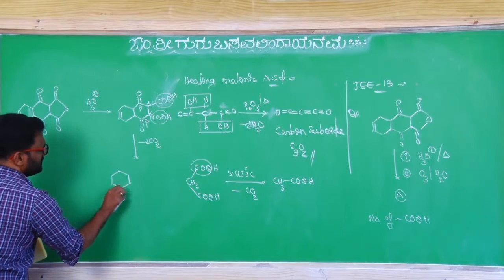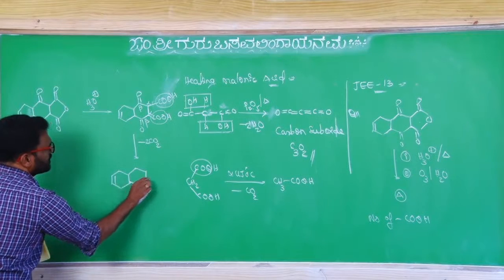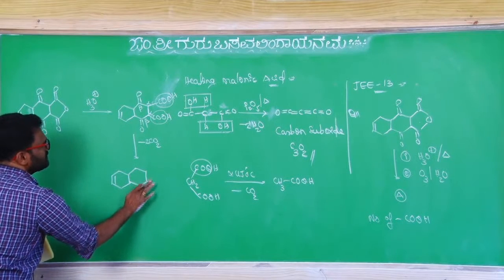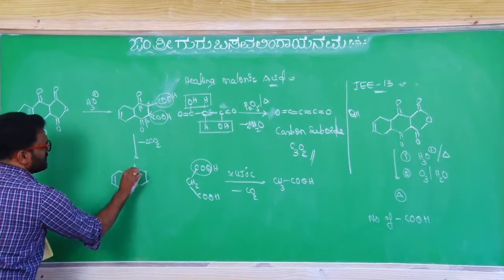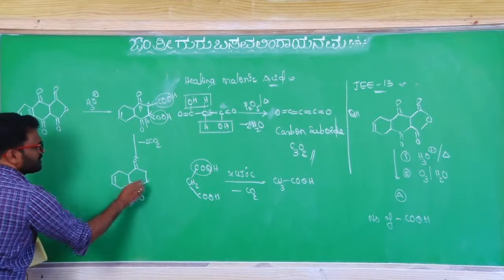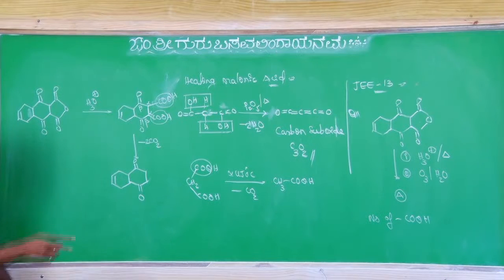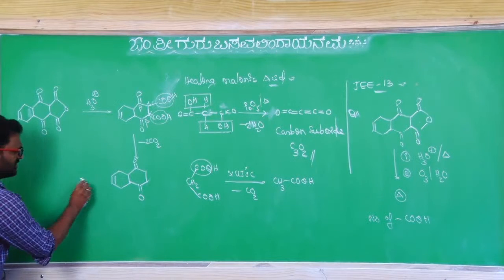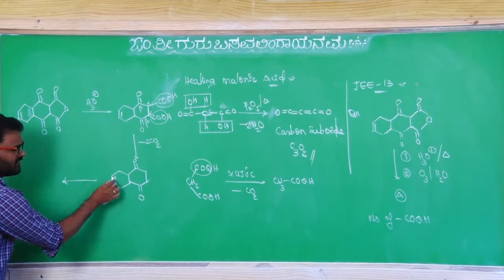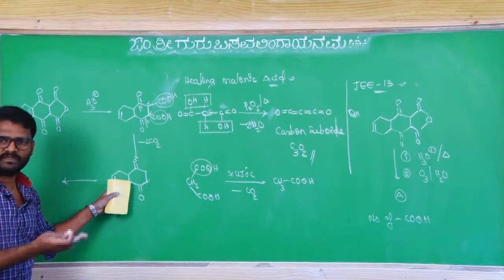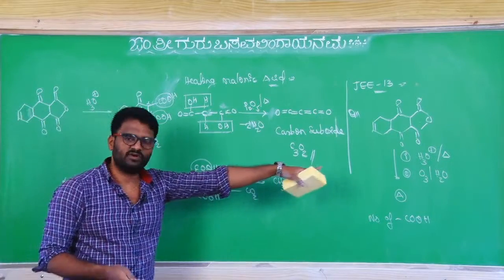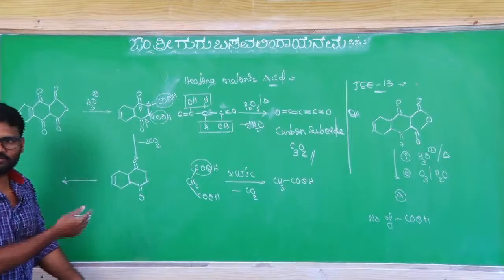Then what will you get in the first step? You will get this compound in the first step. Then the second step is ozonolysis. Whenever you do ozonolysis, wherever you have the double bond, without zinc, you will get carboxylic acids.